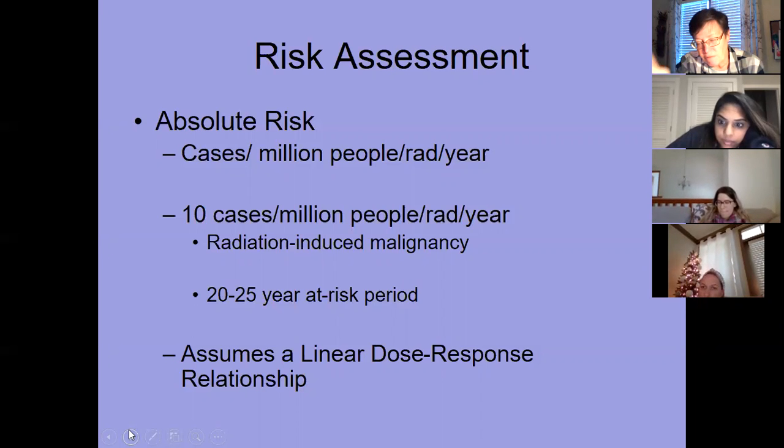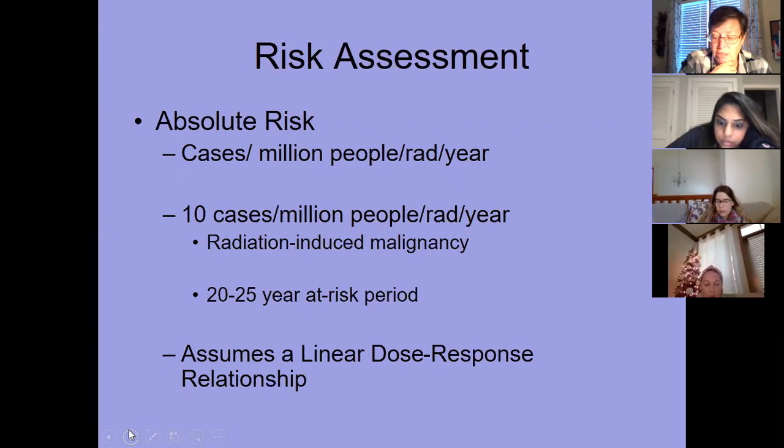And that's 10 cases of radiation-induced cancer. And there is a 20 to 25 year at-risk period. And it does assume that linear non-threshold dose-response relationship. This would be very difficult to use when you're talking to the public because I don't know that they would understand what you were trying to tell them. I think relative risk would probably be the easiest one to explain.